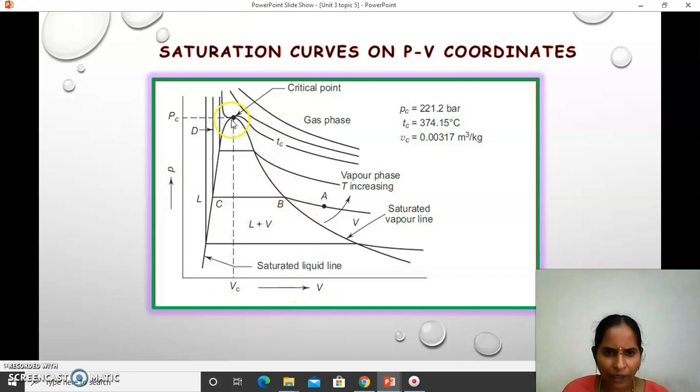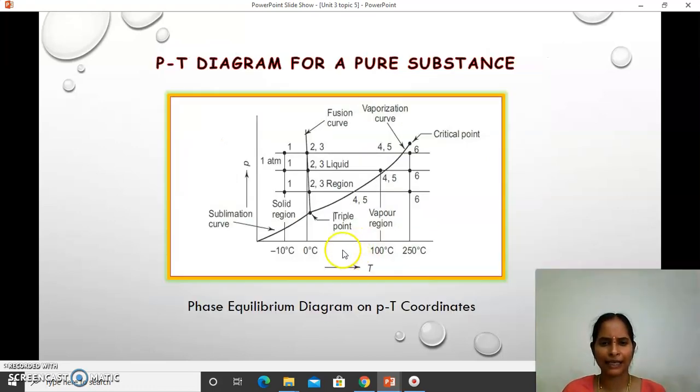The isotherm which passes through the critical point is called the critical temperature line. The pressure at the critical point is the critical pressure. Here the intersection of sublimation, fusion and vaporization gives you the triple point.